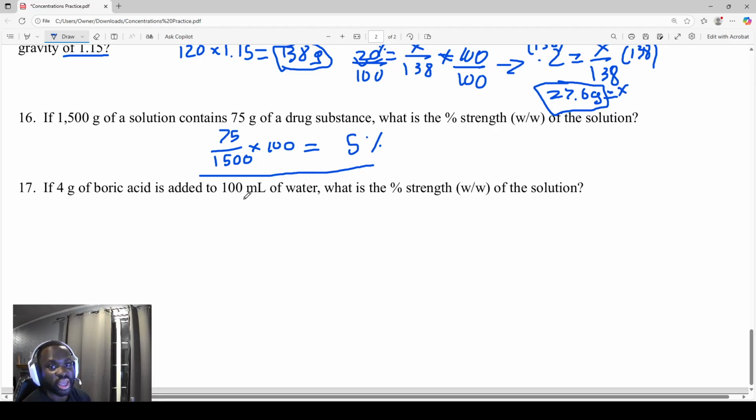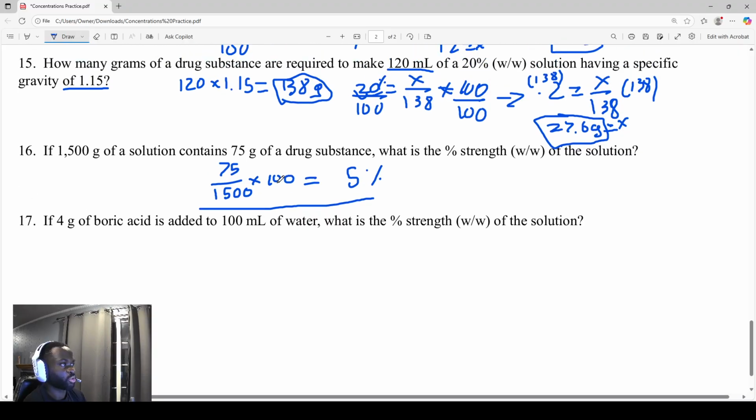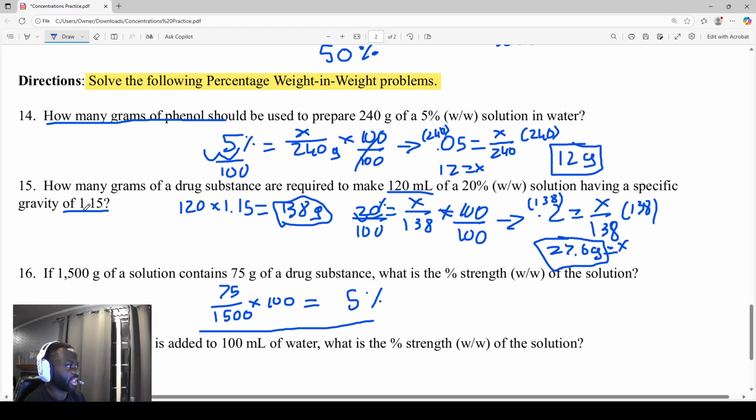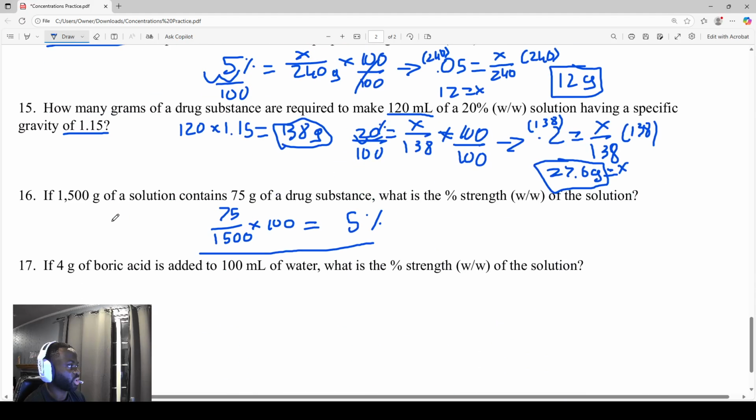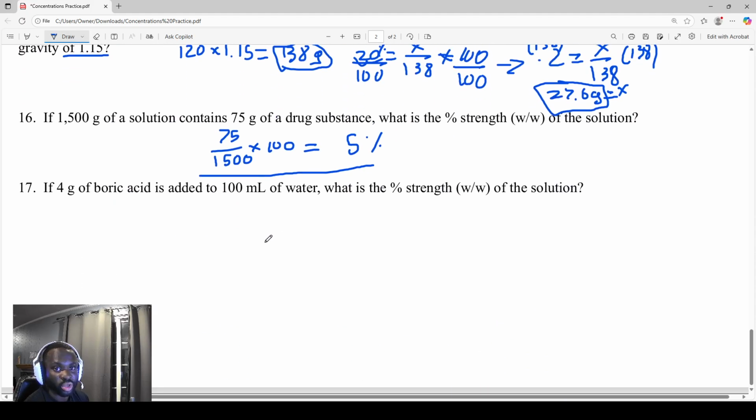So here, if the specific gravity is not given to you, as we did in 15, as we did in 13, you are to assume that the specific gravity is 1, making 1 milliliter of water 1 gram, so 100 grams.